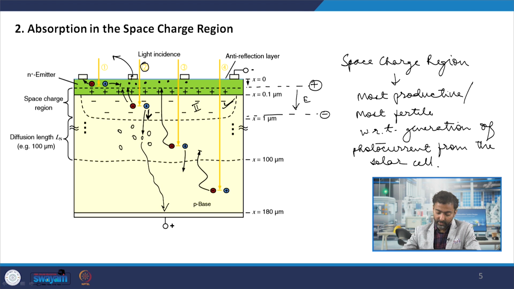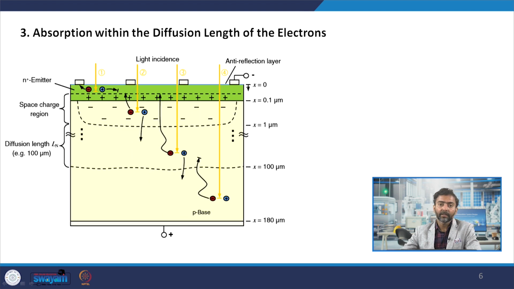Then we go to the third region, up to 1 diffusion length below the space charge region. So this is my third region here in the solar cell. As we said, this is 1 diffusion length, which is of the order of 100 micrometer for typical doping concentrations in solar cells. Again, diffusion length, as we talked about in the earlier class, depends upon the doping density and what type of material we are using.